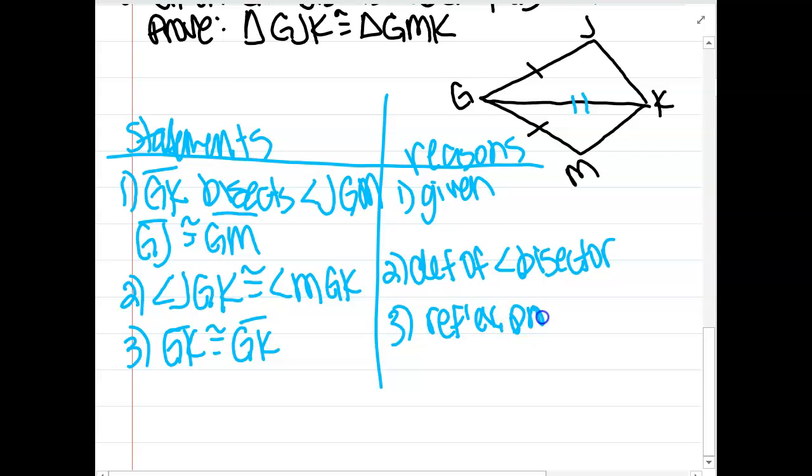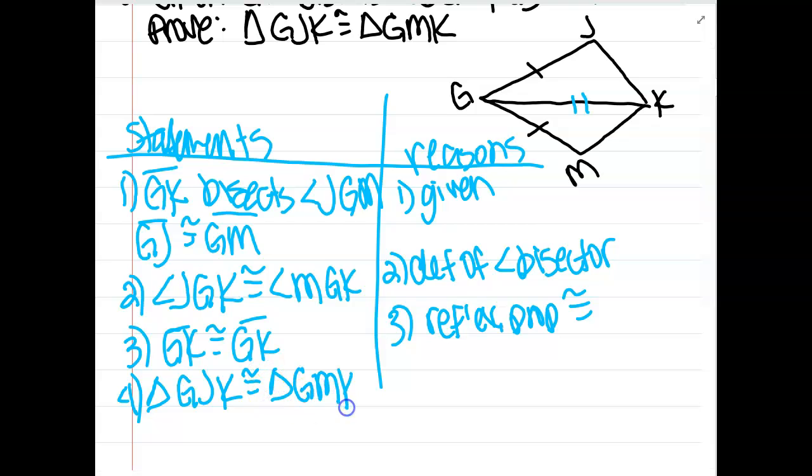Reflexive property of congruence. So I have my side, my angle, and my side. Am I done? No? What's the last thing I need to do? Yeah, your proof statement, right? The last statement is going to be triangle GJK is congruent to triangle GMK because side, angle, side.